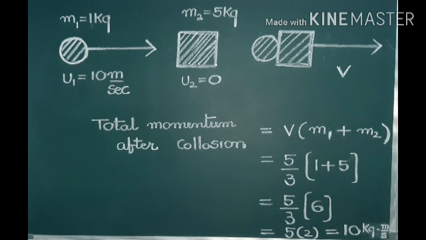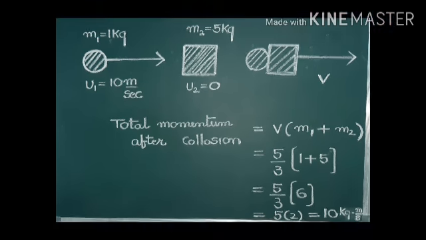V we recently got as 5 by 3, into (1 plus 5), so 5 by 3 into 6, which is 10 kg meter per second. And the total momentum before collision is equal to the total momentum after collision.